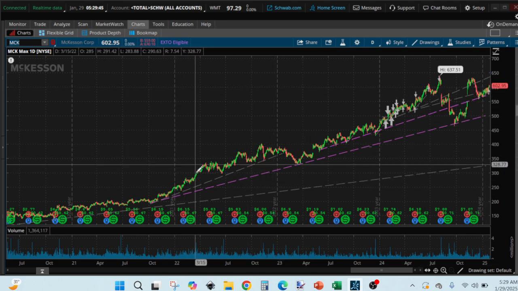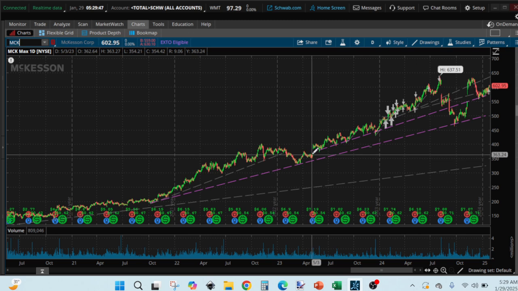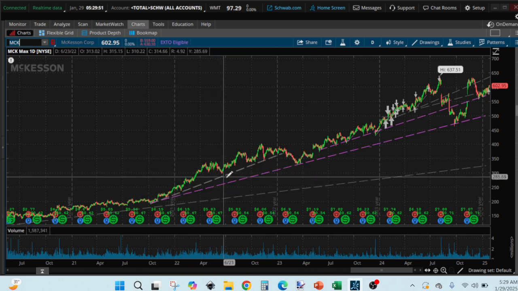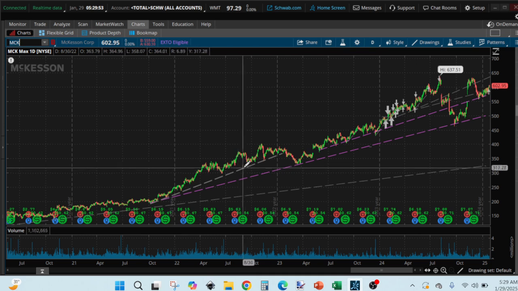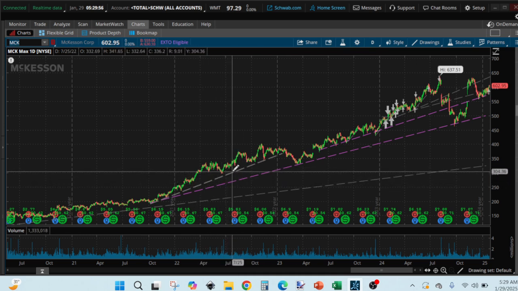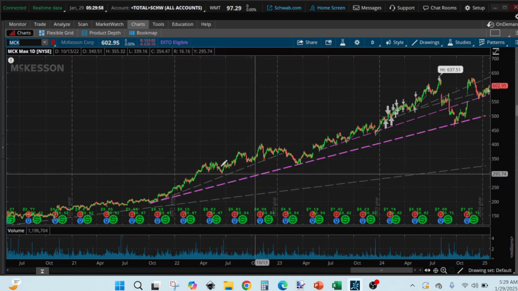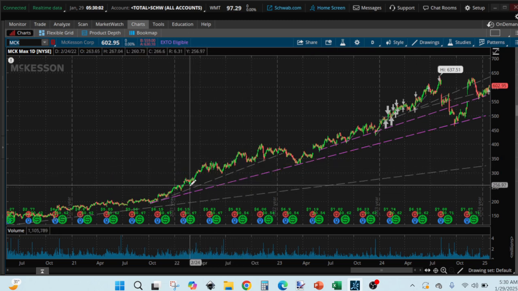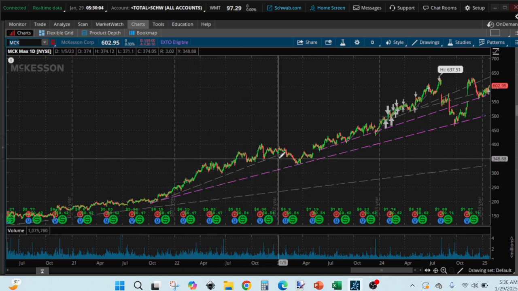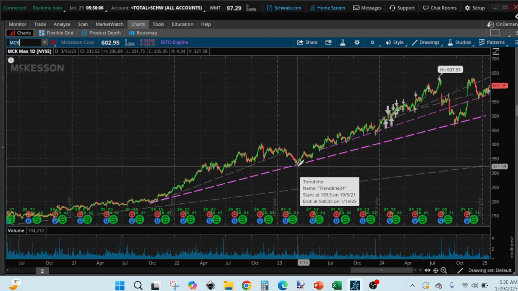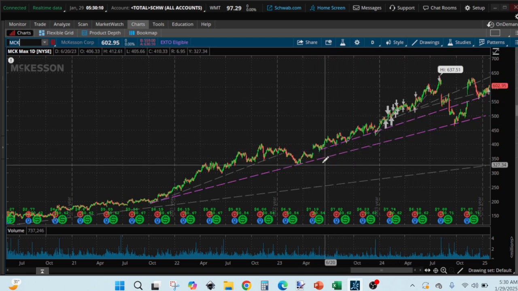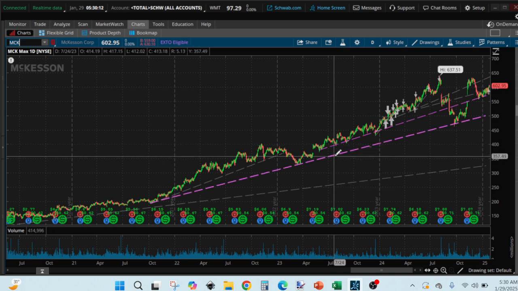It made this high mountain here, that white mountain, but once it started, it pulled back to a higher trend line compared to this one, to support that side of the mountain that is rising before it pulled back to it. And I think now that it started again, it did the same thing here.